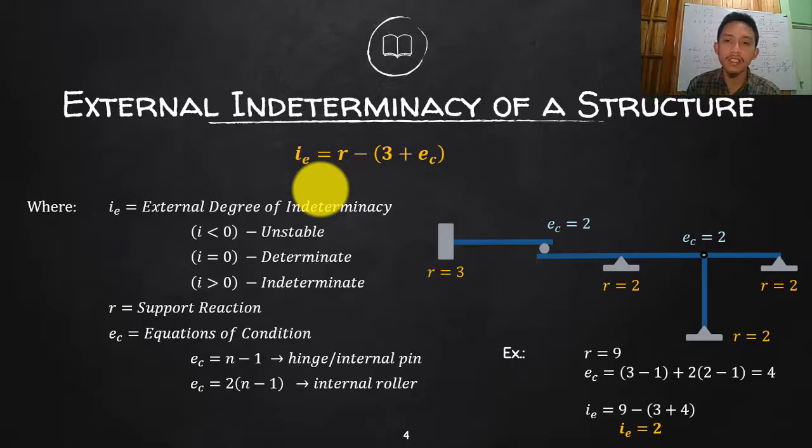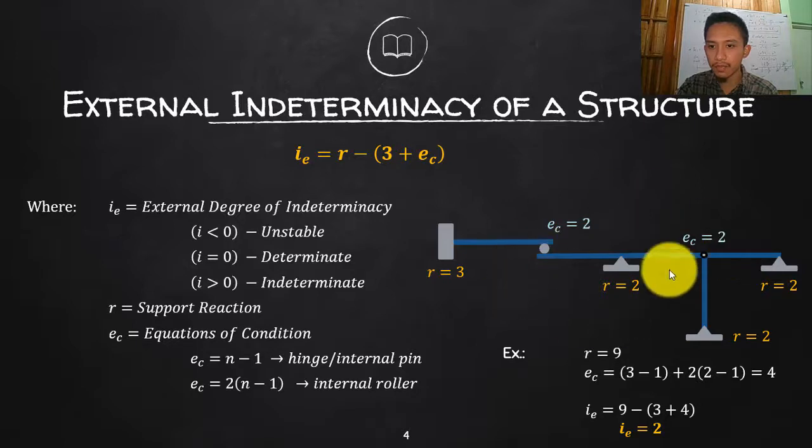However, there are some cases where there are internal conditions. For example, look at this frame here. We have an internal roller here. That is a given condition, isn't it? You can cut your structure here, even if it is not a truss. You can separate it, analyze this side, and then analyze that side.